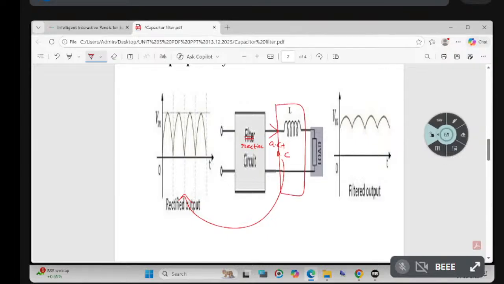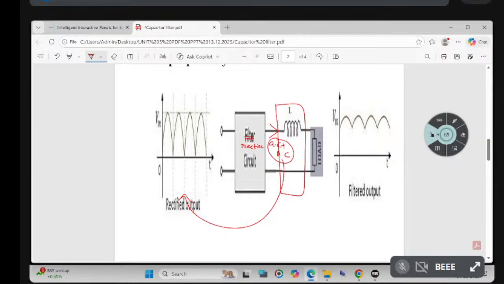What is the output of the rectifier? Pulsating DC. Here you get AC plus DC component. This is the input. Now we are removing the AC.